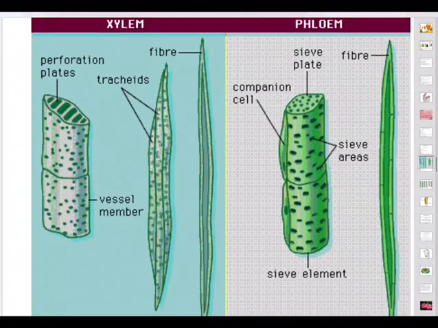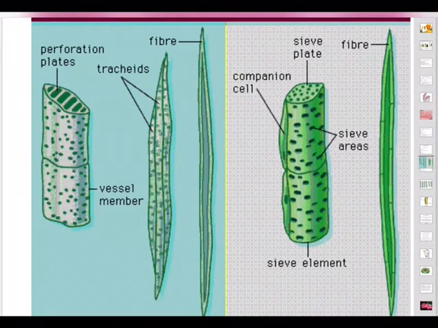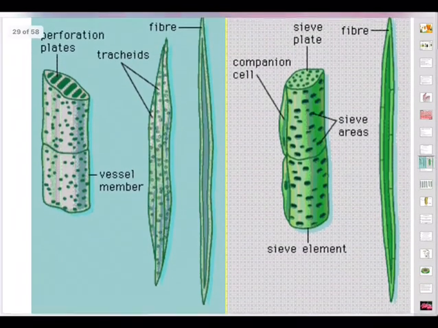Look at the structure. In the tracheids there are so many dotted structures, green ones. These are all pits. And similarly, when we take the section of that, you can see there are vertical as well as horizontal pits through which the water gets conducted or transported. And there are fibers, and these fibers are responsible for mechanical strength. Look at the green one on the left side diagram.